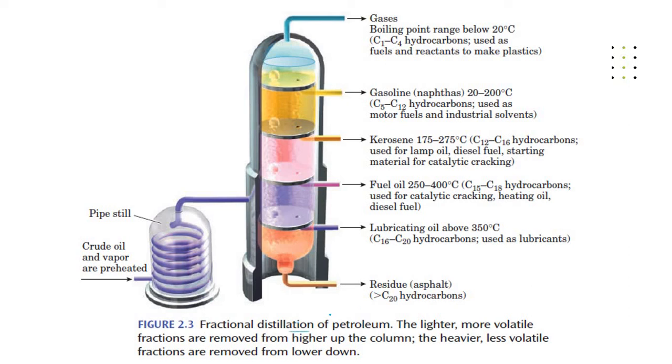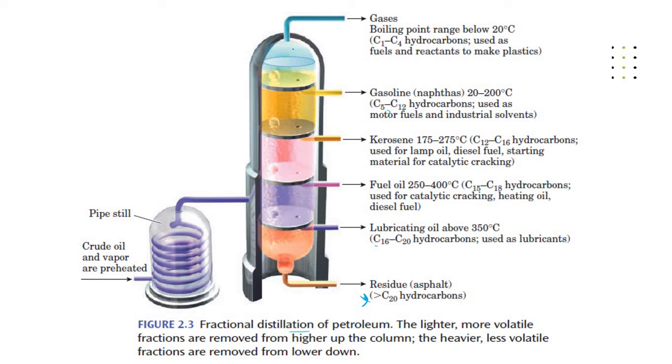This process again is fractional distillation. It is heated and preheated, and then it's set in a column, and at the bottom go the alkanes with more carbons. The 16 to 20 carbons are at the top, where the lighter ones go. So C1 to C4 hydrocarbons, C5 to C12 hydrocarbons, kerosene around C12 to C16, fuel oil, C15 to C18.